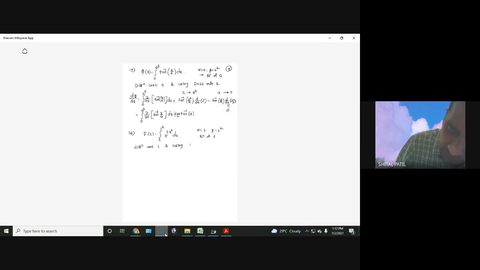Differentiating with respect to t and using Leibniz's rule.